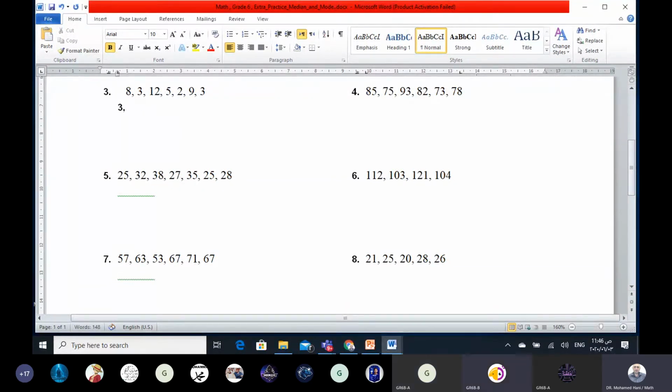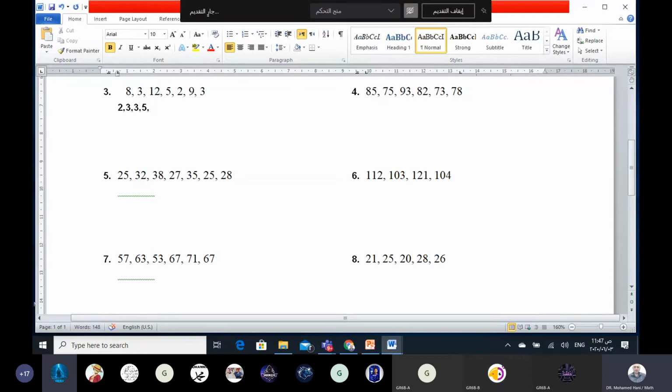Who else? Abdullah Jabri: the mode is 3, and the median is 5. Great. Nasser, tell me. It's 3. Abdullah Al-Jabiri, tell me please.